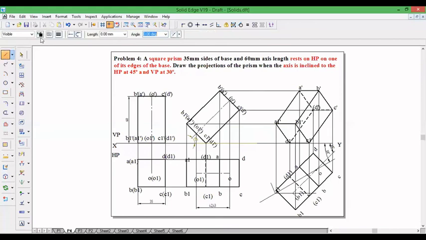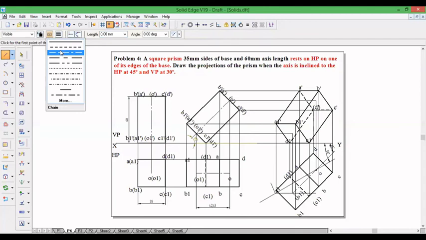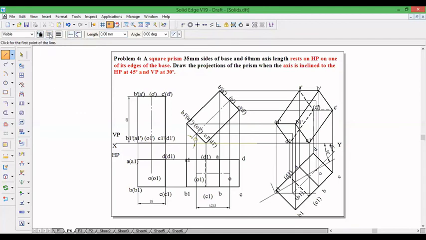Now let us take projection line of axis. So projection of axis, O dash and O1. So join this with a chain line, 0.13 thickness.